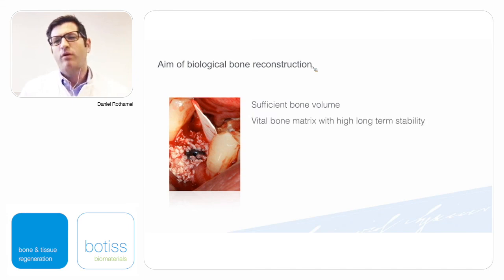However, we want vital bone in this area. No soft tissue encapsulated bone substitute material, not dead bone blocks, because only the vital bone matrix is able to achieve a high long-term stability that allows for a very predictable outcome.